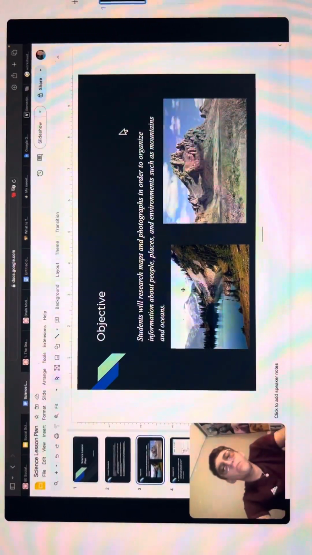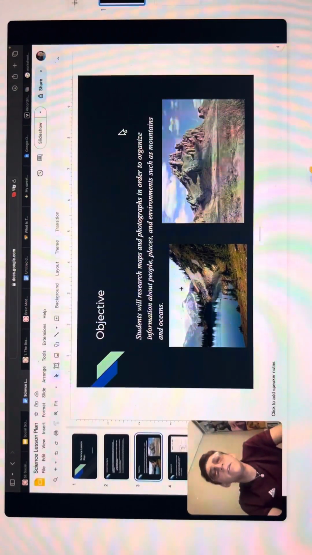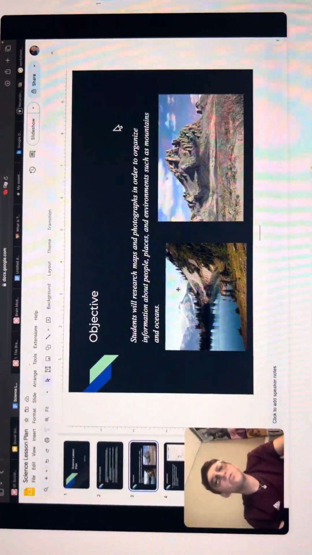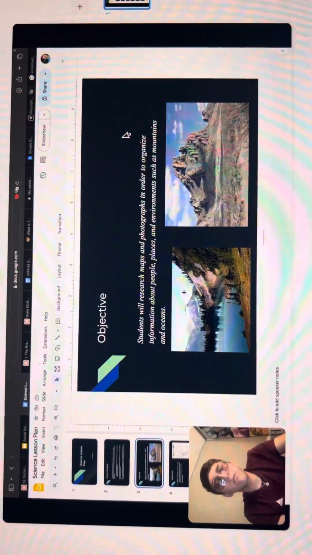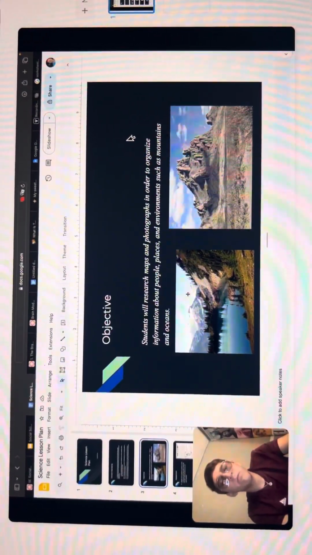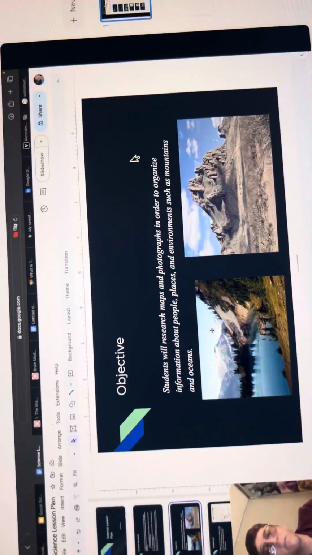So, for my objective, basically, students will research maps and photographs in order to organize information about people, places, and environments, such as mountains and oceans.